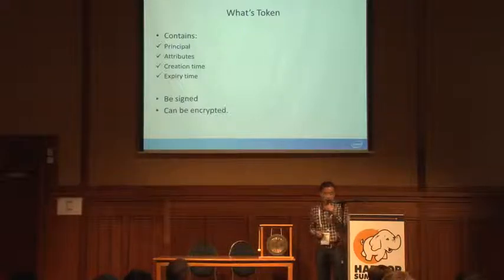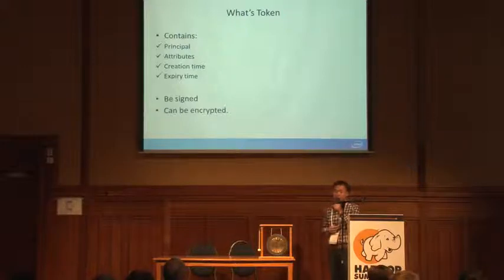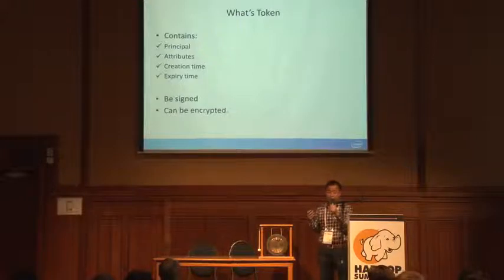In TokenOAuth, the token will contain a principal which represents a login user, for example the ID or some UUID of the user. And it will also contain attributes. The attributes may include much information about the user, for example the groups, some secret information, the department, or other information. You can think we can add these into the attributes.